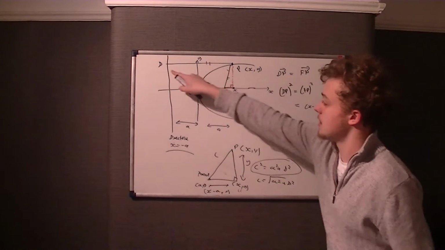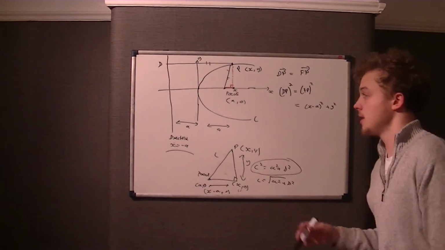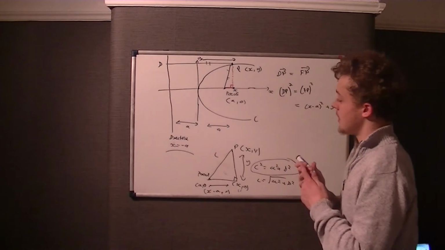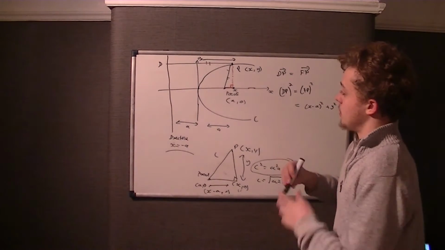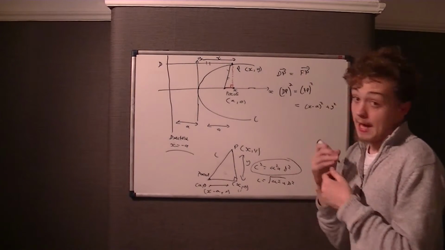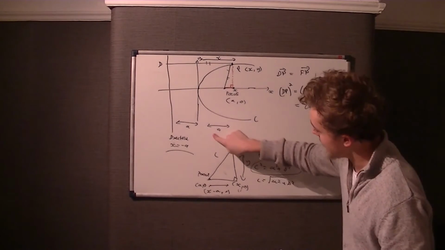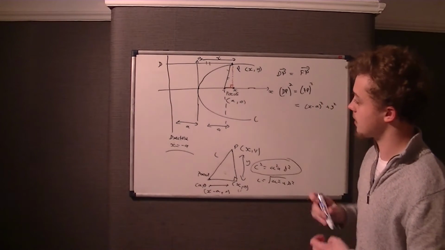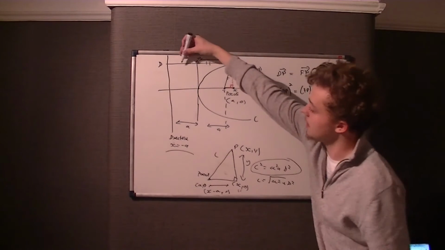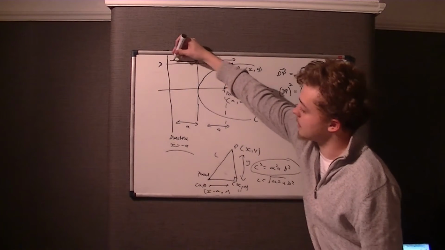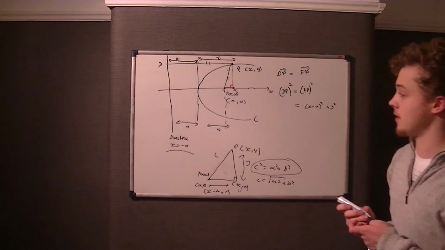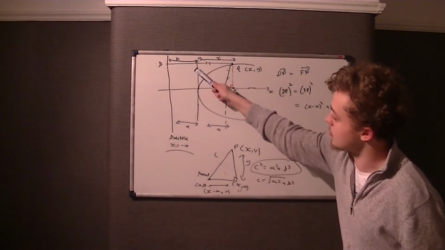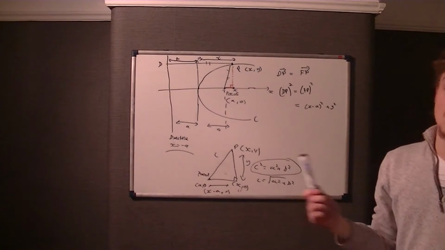And then how do we work out DP squared? Well, it's a lot simpler. This a here was just the distance to the focus, it wasn't the distance to point P. So we're going from D to P. To get from D to the y-axis, that is a amount of x coordinates, and then it's plus x amount of x coordinates, because we're getting from D to the y-axis, and then from the y-axis to P. Hopefully that makes sense.